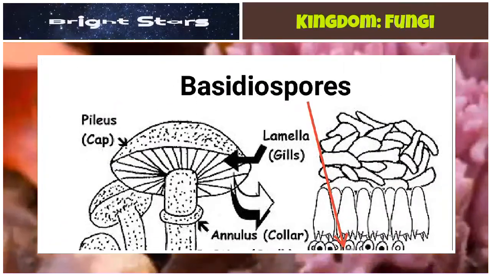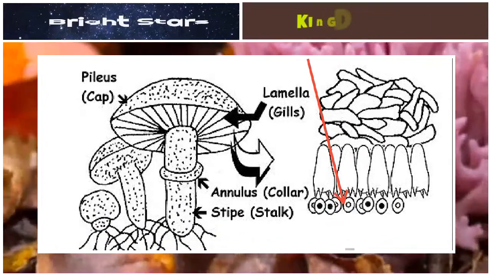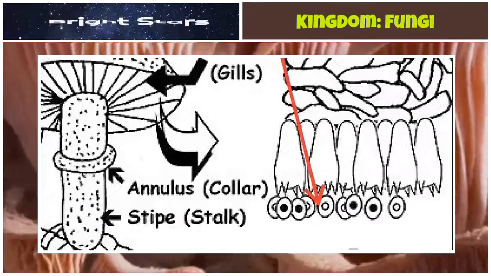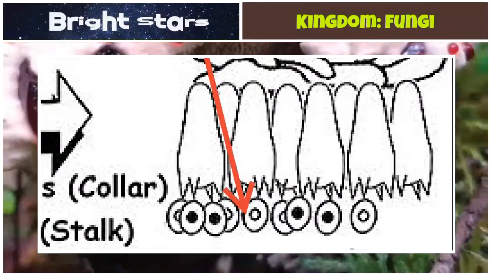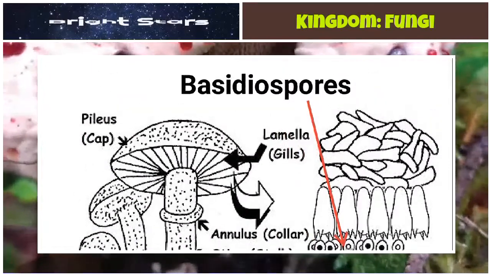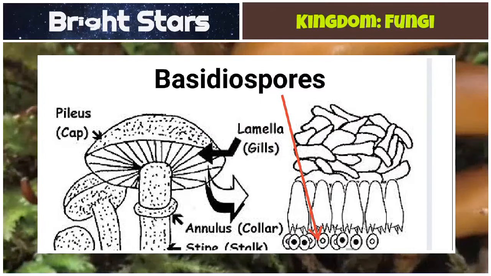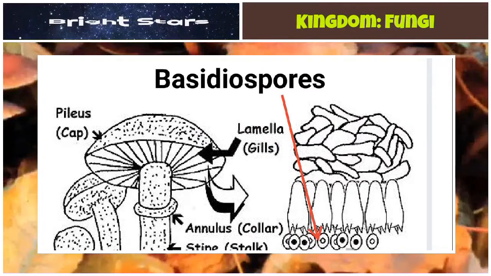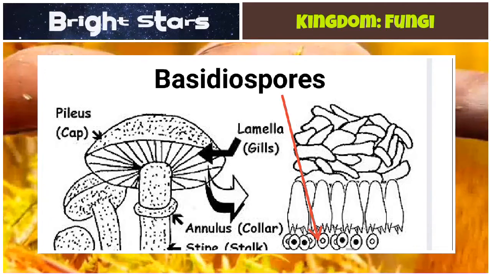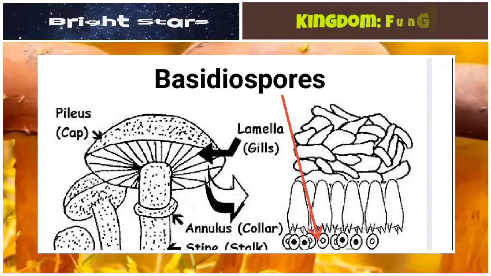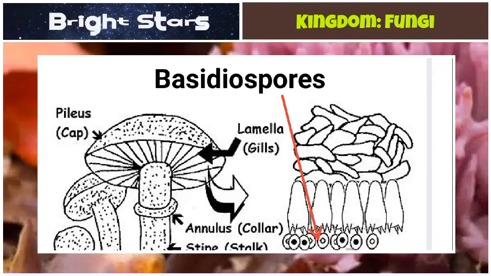If basidium, for example, in basidiomycetes, especially in mushrooms, you can find this kind of basidia which are bearing spores called basidiospores. So what we have understood here is oogonium has oospores, ascus has ascospores, basidium has basidiospores. On this basis, fungi are classified as oomycetes or ascomycetes or basidiomycetes.